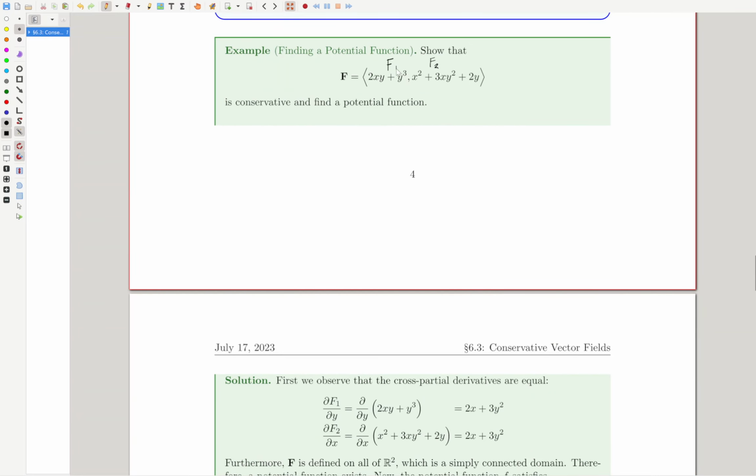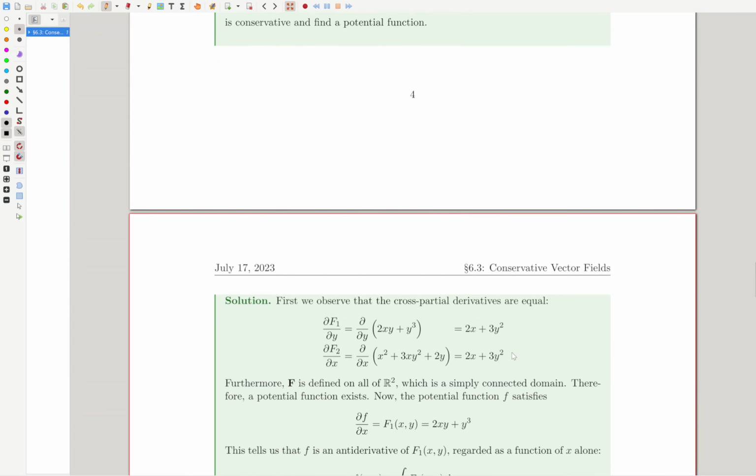Then you take the partial derivative with respect to y of f1, which gives you this polynomial, versus the x derivative of f sub 2, which ends up giving you this. You can see that both of these are equal, which means that the cross-partial property is satisfied.